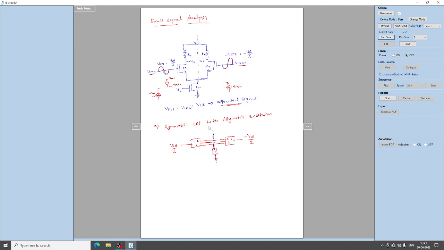Okay, how do we analyze this? So we analyze this by superposition principle, by applying two inputs, that you have two different inputs. By applying one input at a time, you analyze what is the output and you are going to sum the output at the end, right? So for example, you make the input of the left side system as VID by 2 and the right side system to be 0, right?